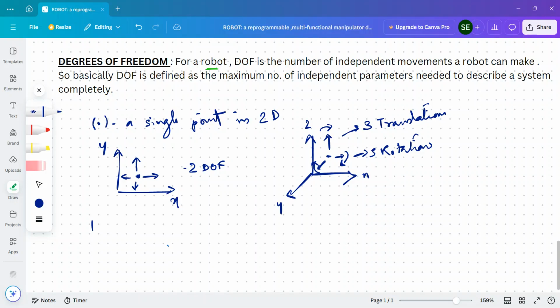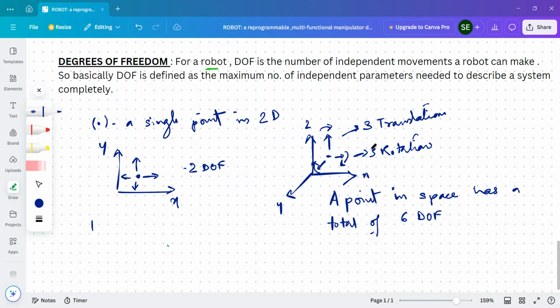So a point in space has a total of 6 degrees of freedom.